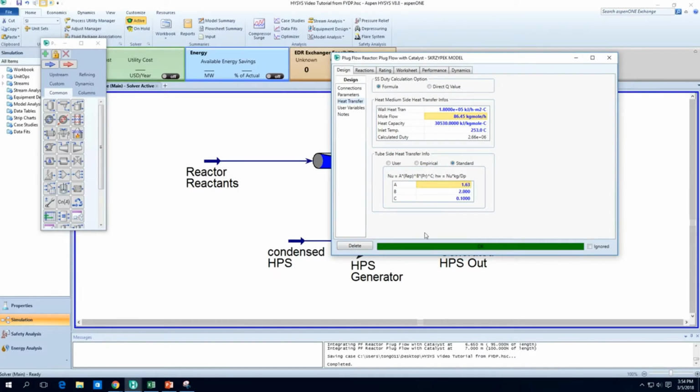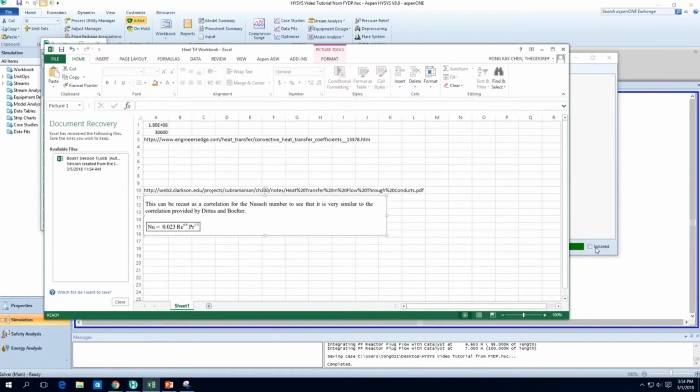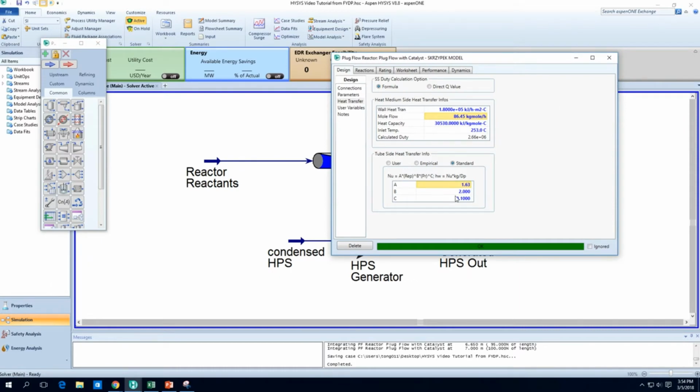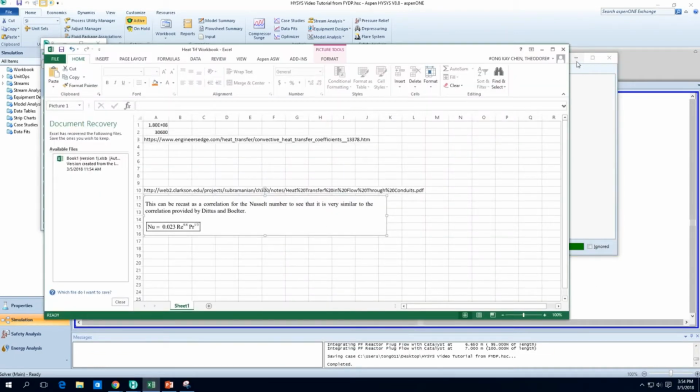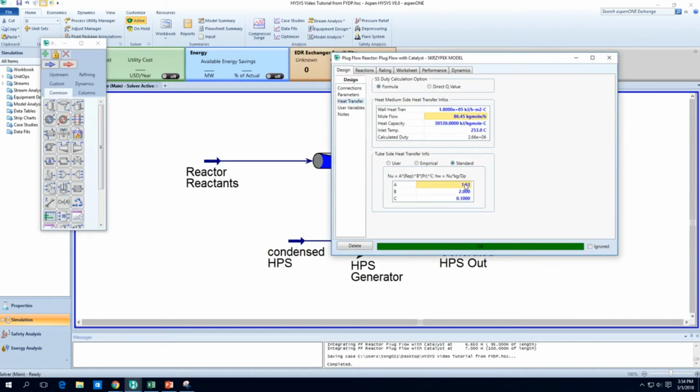So these are the defaults by HYSYS. If you don't know what to use, you can use these defaults first. Okay, so 0.023, I'm going to put 0.023 here. And the B will be the power of the Reynolds number, which is 0.8, as we saw previously.